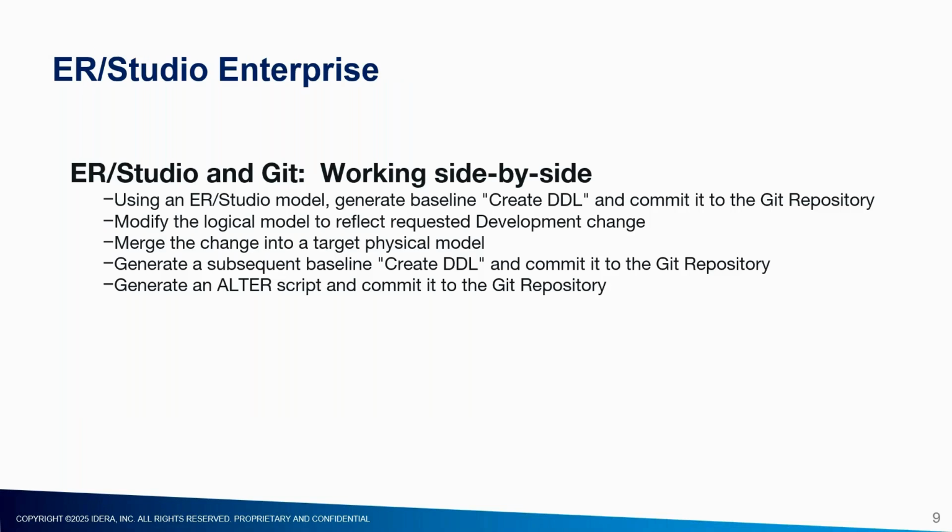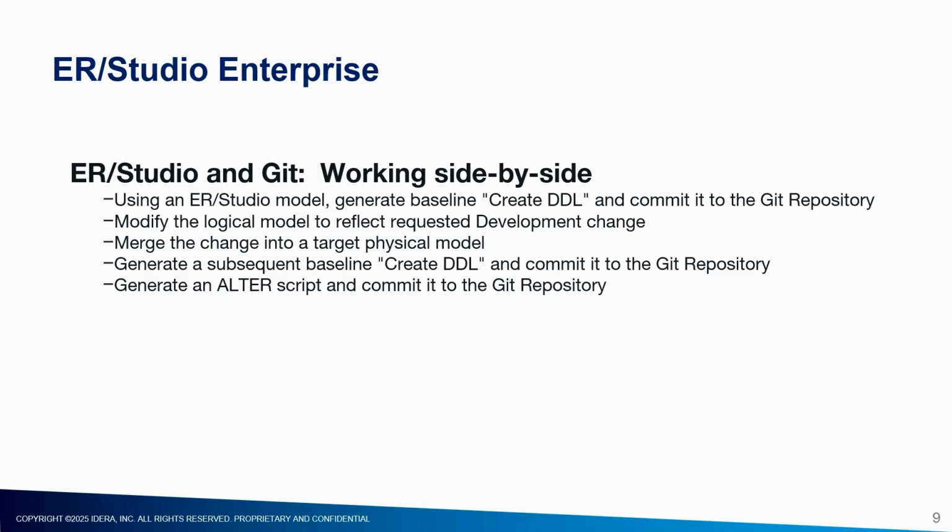This is what we'll be covering today in the webinar, where I will be reverse engineering from a test database. We will be generating a baseline DDL for that. After the fact, we'll go into the development of the logical data model.